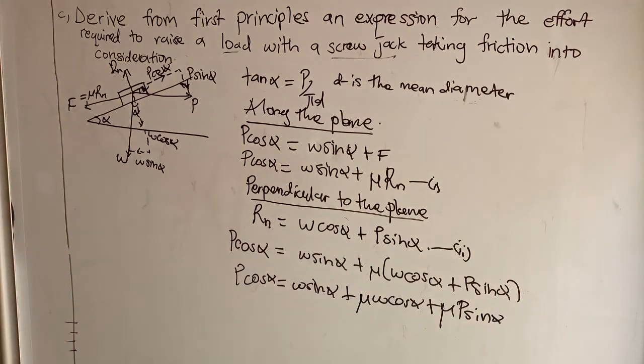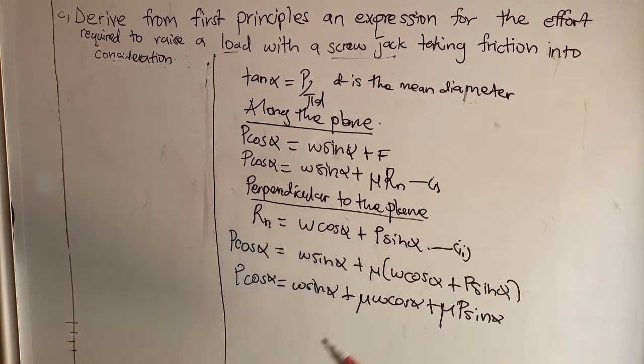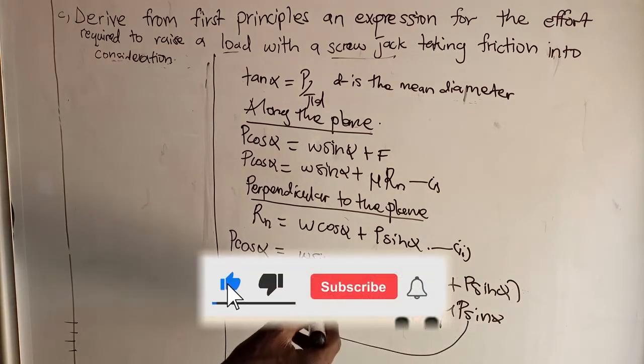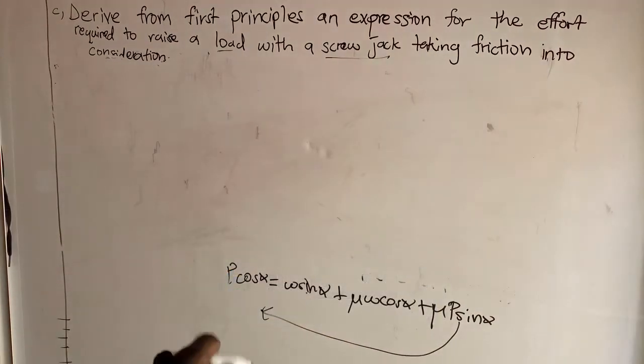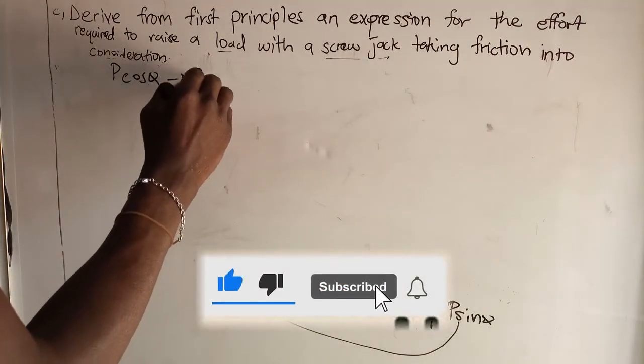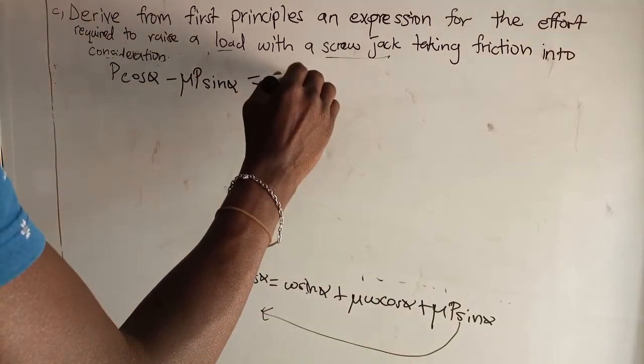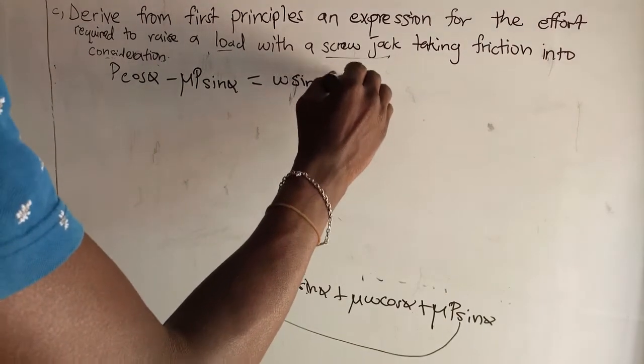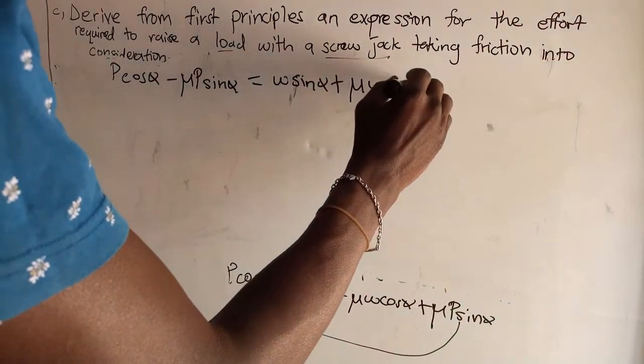I think we can see that we have some common factors here. Let's collect the like terms together. I have P cos alpha and mu P sin alpha. I can take this to this side and let the rest remain on the other side. As we collect like terms, P cos alpha minus mu P sin alpha equals W sin alpha plus mu W cos alpha.